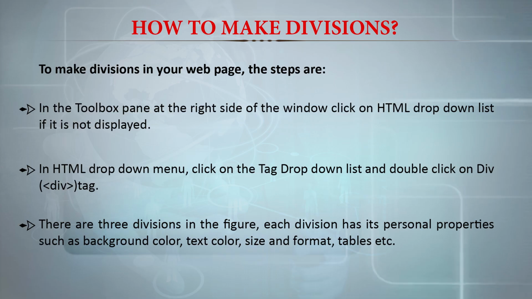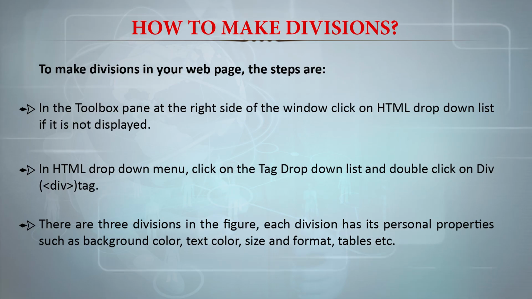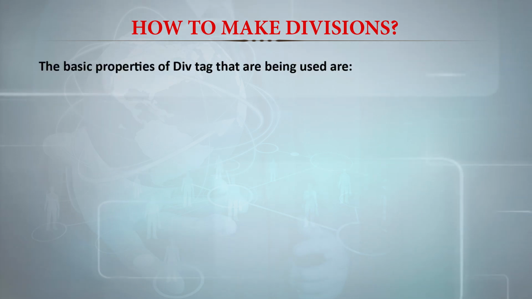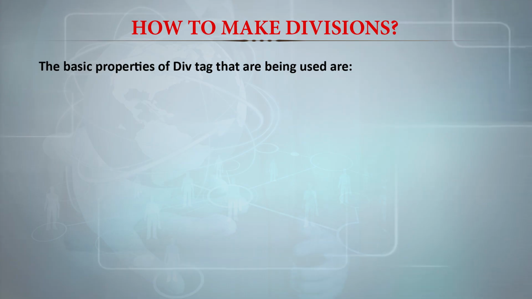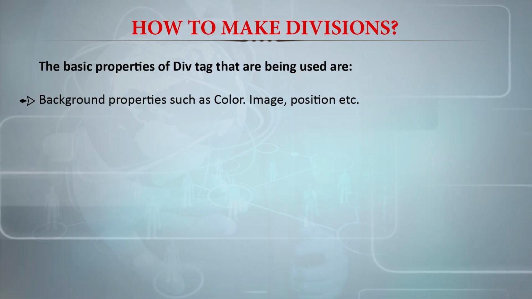So, there are 3 divisions in the figure if you see. Each division has its own properties such as background color, text color, size and format, tables and many other things. The basic properties of a div tag that we use are background properties such as color, image, position, and you know that color, image, position, all these things can be changed.